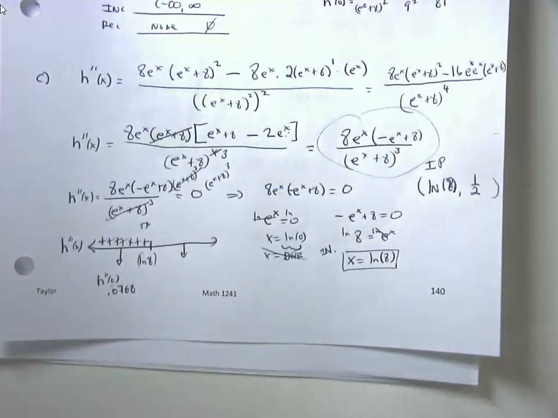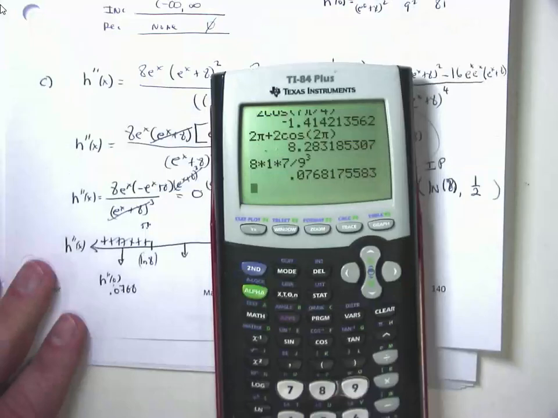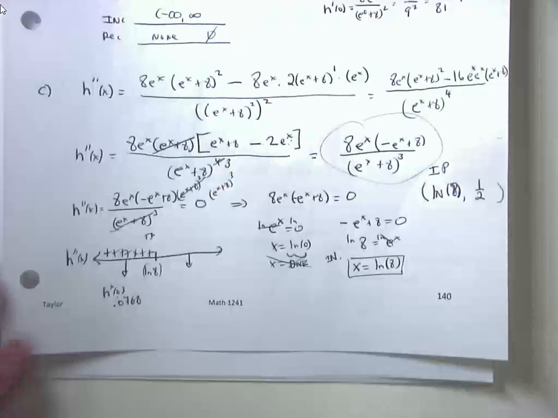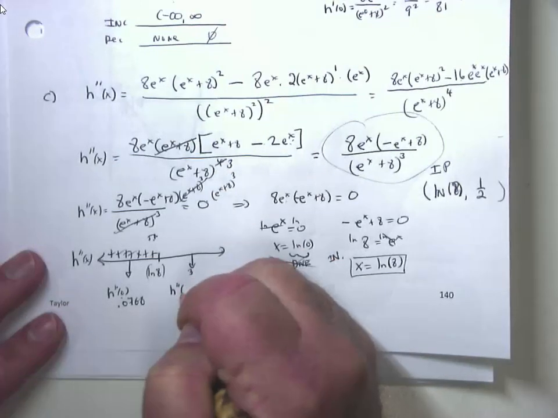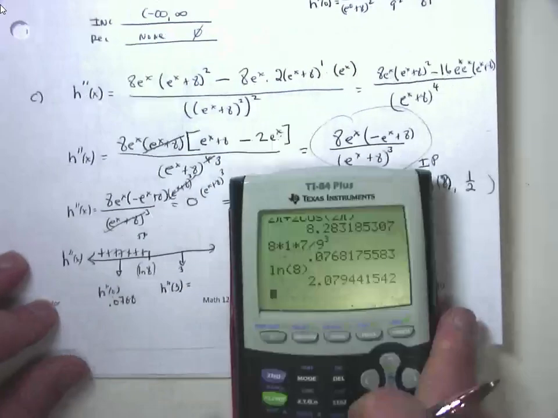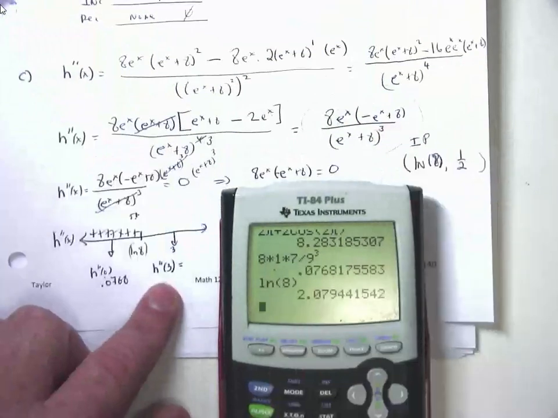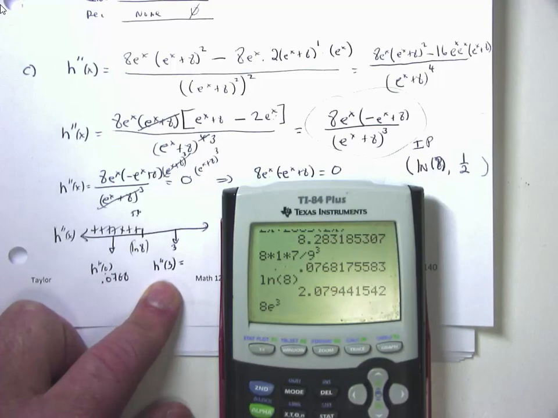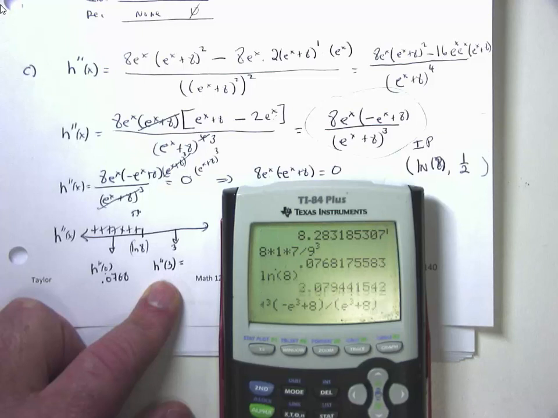Now pick a number greater than the natural log of 8. Well, I don't think 1 is going to do it. Natural log of 8 is actually 2.073. How about just 3? So h double prime of 3 would be, plugging it into my second derivative, 8 times e cubed times (negative e cubed plus 8) divided by (e cubed plus 8) cubed.